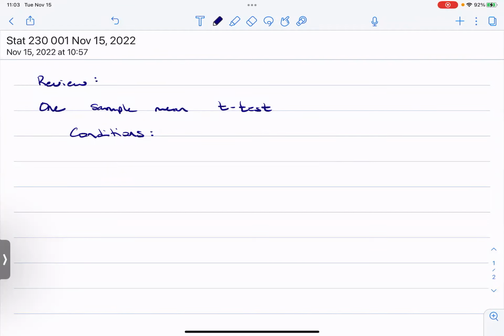The first one is always independence. What we've landed on is, as long as I've randomly sampled, I am allowed to assume that my observations are independent. Even if they're not, then I have to argue that these observations are independent of each other.